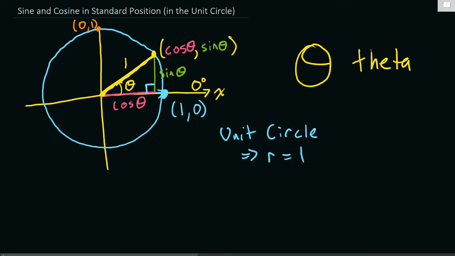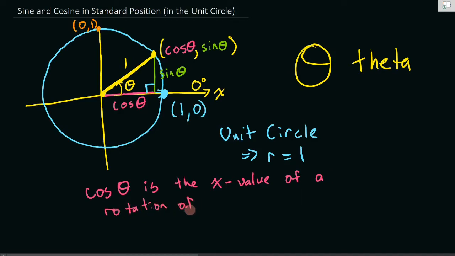You can actually define sine and cosine this way. So cos theta is the x value of a rotation of theta degrees in standard position.